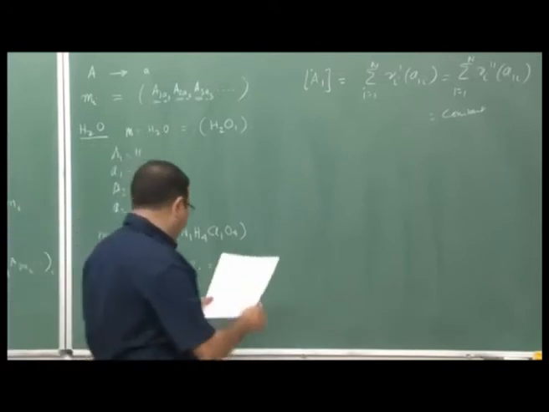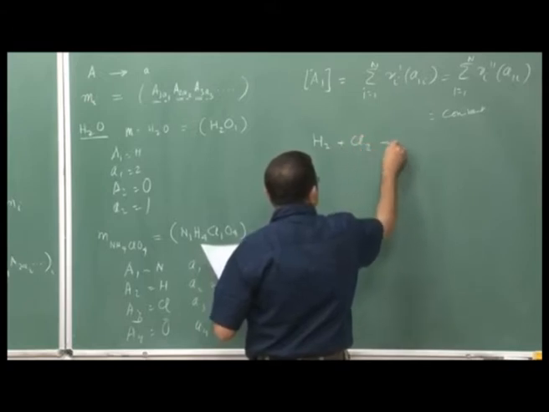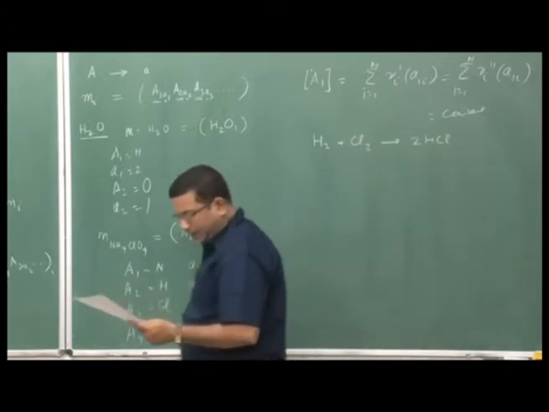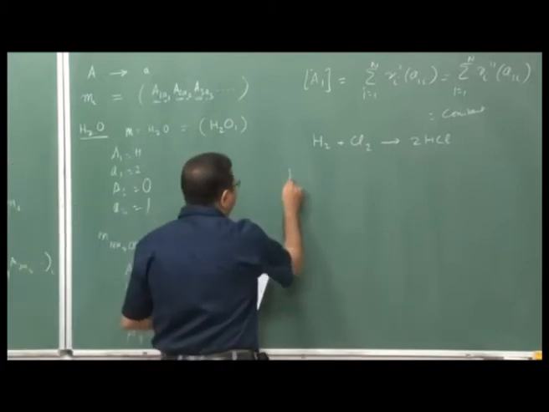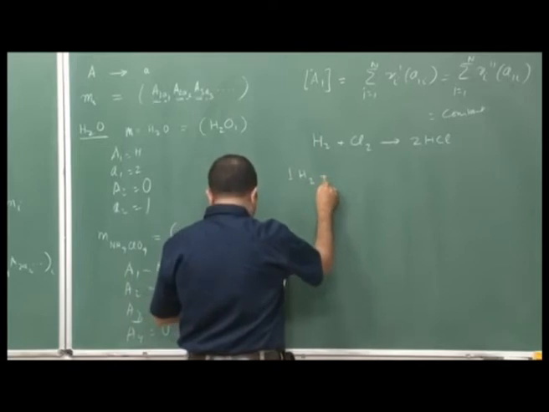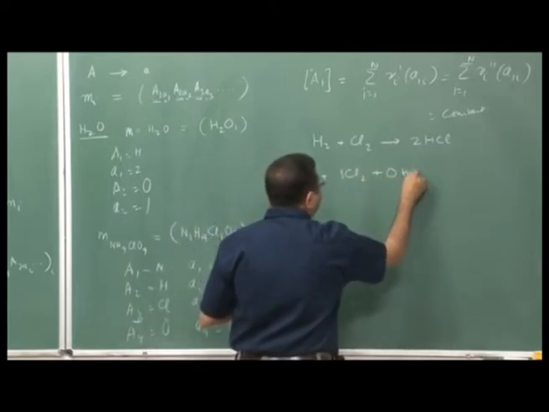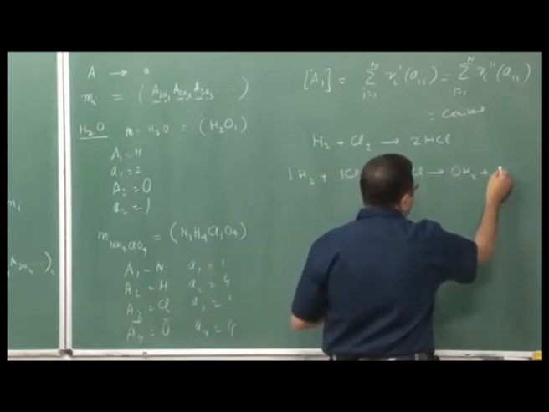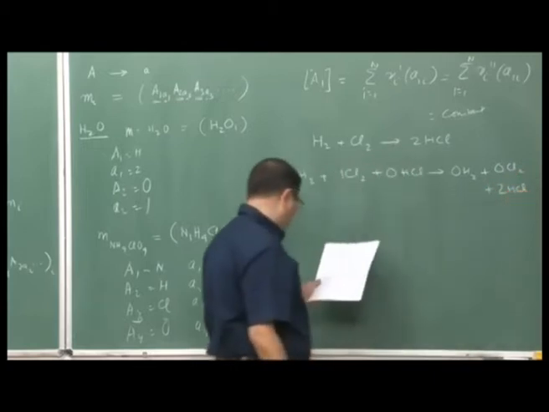So, just to give an example, let us consider this reaction, hydrogen and chlorine reacting giving hydrogen chloride. So, this reaction can be written as 1 mole of hydrogen reacting with 1 mole of chlorine and 0 mole of HCl, giving us 0 mole of hydrogen, 0 mole of chlorine and 2 mole of hydrogen chloride.